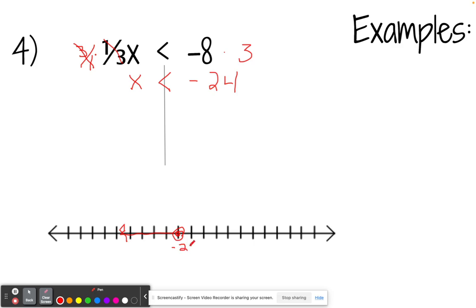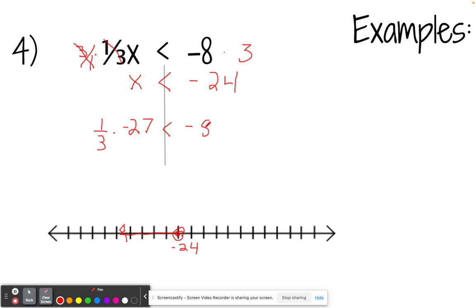So let's think of a number less than negative 24. I'm going to pick one that I know I can multiply by 1/3. So I'm going to pick negative 27. So 1/3 times negative 27, or 1/3 of negative 27, is that less than negative 8?